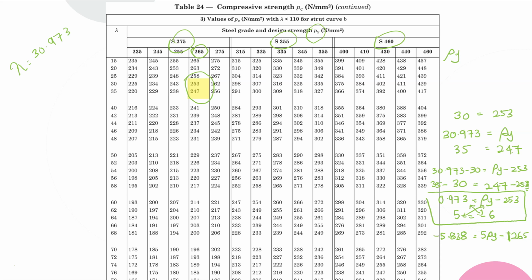So when I cross multiply, this is the value that I dapat lah. 6 darab 0.973 negatif 5.838 and 5 darab PY is 5 PY and 5 times negative 253 I dapat negatif 1265. Okay, so kita boleh dapat the value of PY. So we can finally get this value.